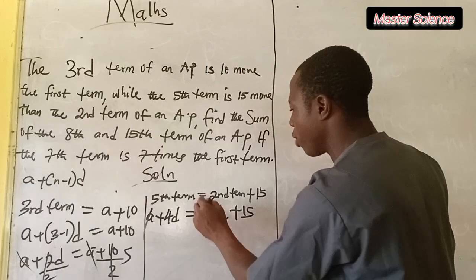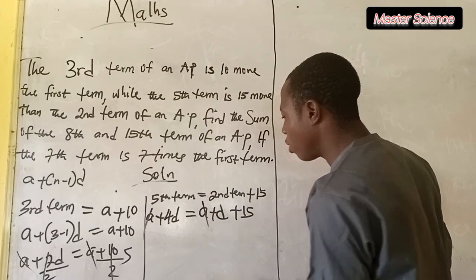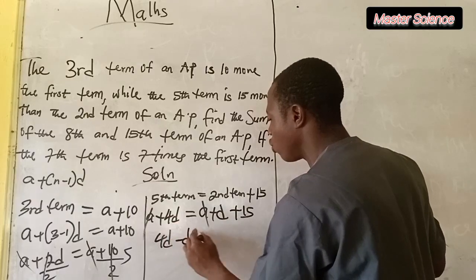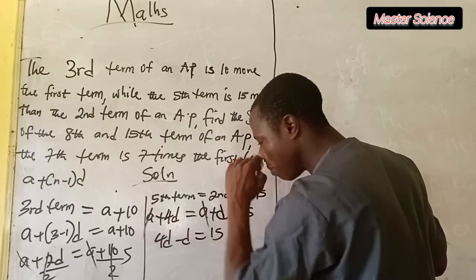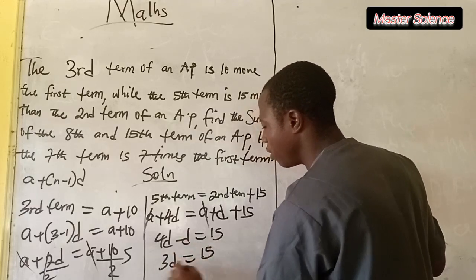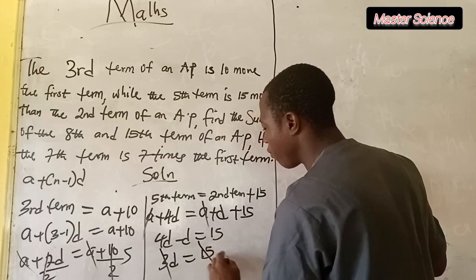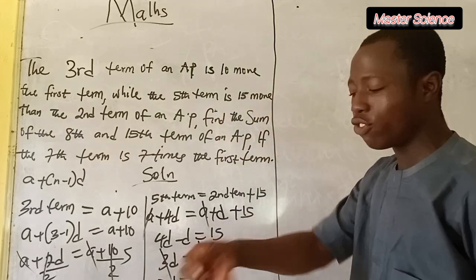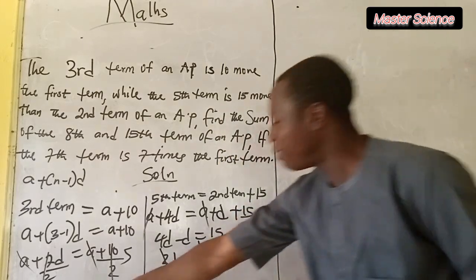A is common, so let it go. Collecting terms, 4D minus D equals 15, so 3D equals 15. Dividing by 3, D equals 5. This shows that what I did there is correct. So I've gotten my D.